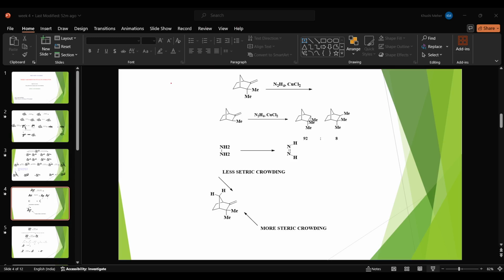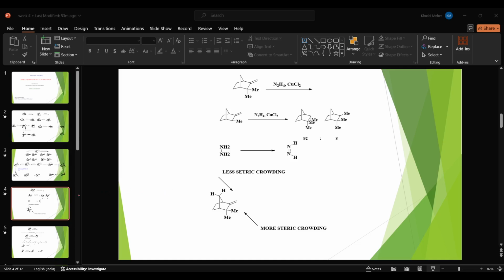That's why the double bond will be isomerized to the corresponding less stable, or in some cases possibly the more stable alkene, because of this carbanion formation as an intermediate in the mechanism. That's why it forms the isomeric alkene. Always you will get the isomeric alkene, but in some cases you will see exceptional cases.